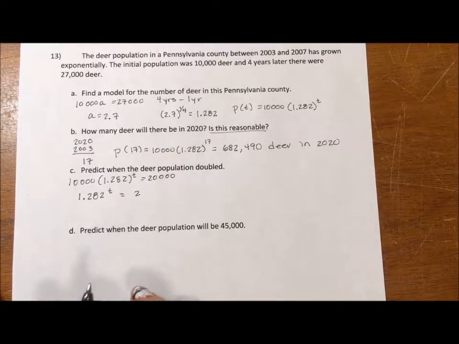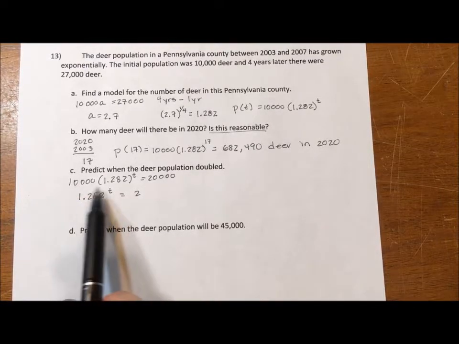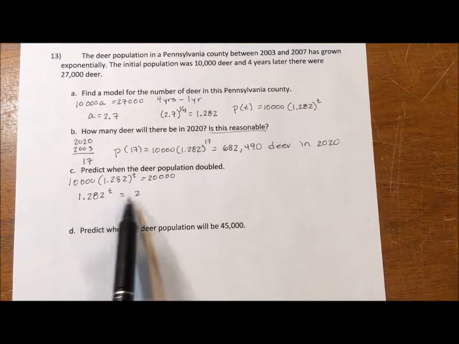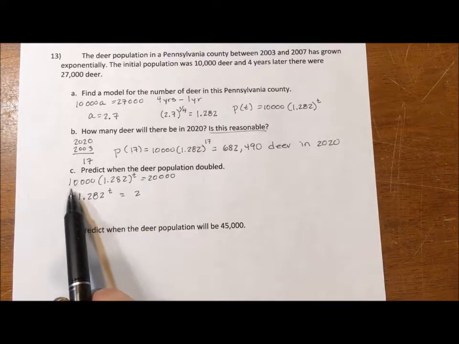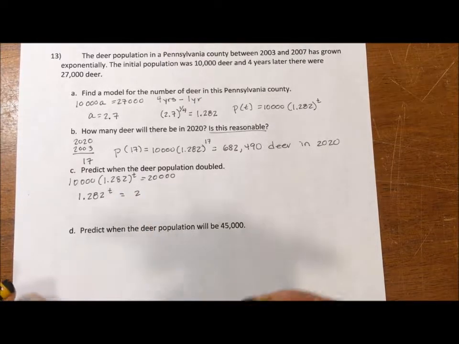If you're ever asked about doubling, tripling, half, you don't actually need your initial because you're asking when your multiplication rate will double the initial. And that time is the same regardless of if we started with 10,000 deer or 1 deer. It's the rate of change that'll cause it to double.